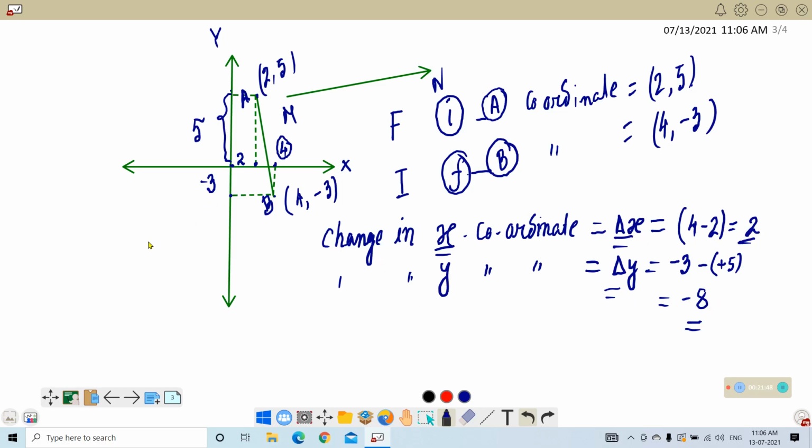But according to our notation, the change in x coordinate is equal to plus 2 and the change in y coordinate is equal to minus 8. So these are all about our coordinate, line and increment.